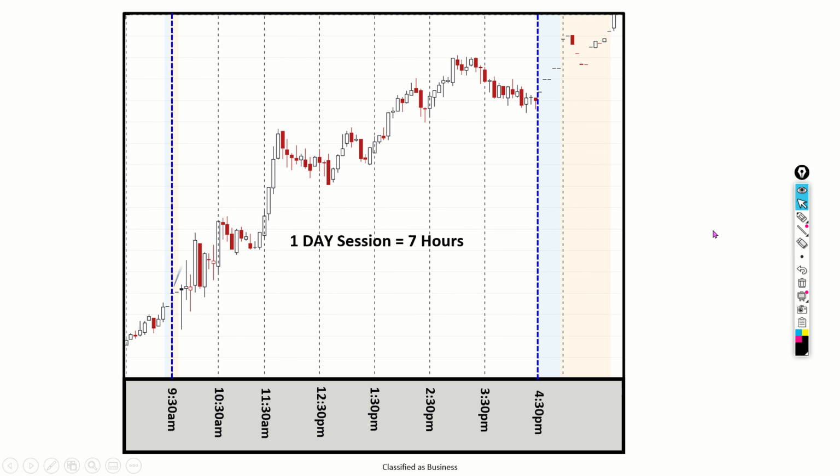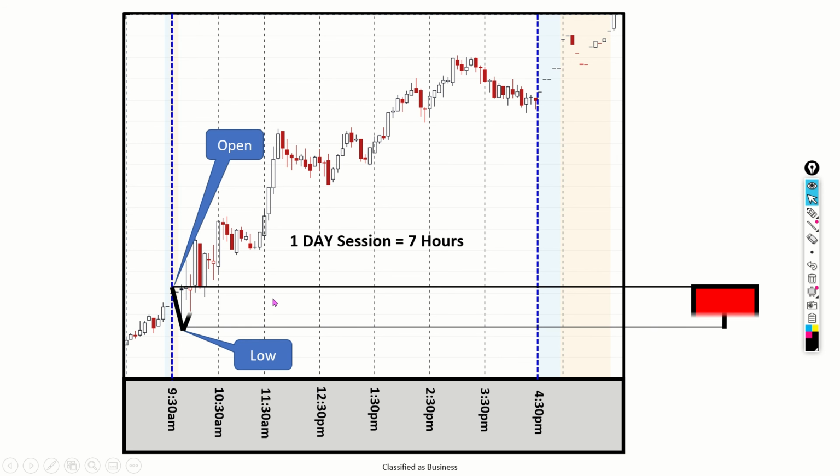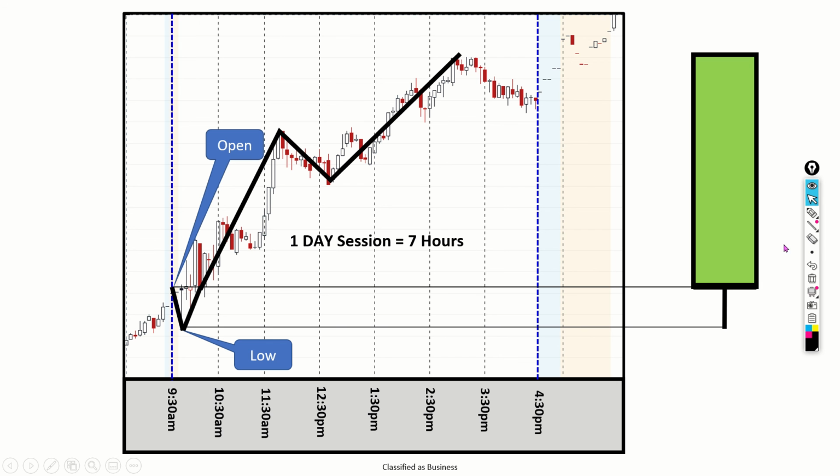So when the price starts, here's the example. The price opens right here, and this is where we begin to mark the candle. Then price goes down, so we mark it as low. Then price travels upwards all the way, and this is where a lot of people take profit, or let's just say there are a lot of sellers right here rejecting the bulls, and they could not make more effort to go further up.